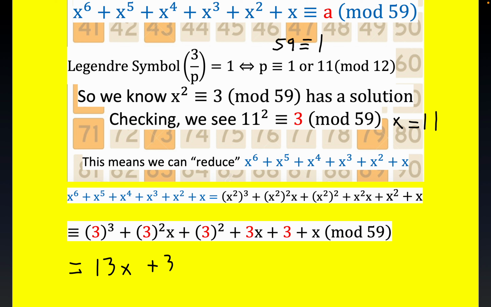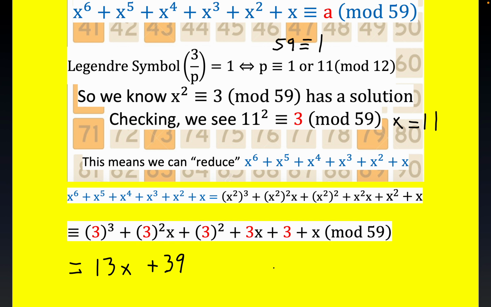This is like in your algebra class where they say collect like terms. You have 9x here, 3x here, and then a single copy of x right here, so that adds up to 13. And these other numbers, 27, 9, and 3, sum up to 39: 3 and 9 is 12, 12 and 27 is 39.